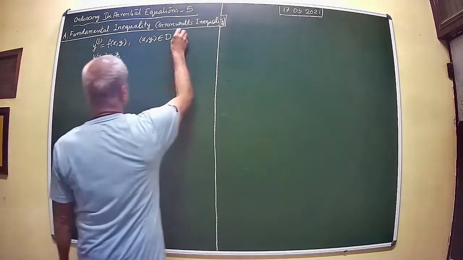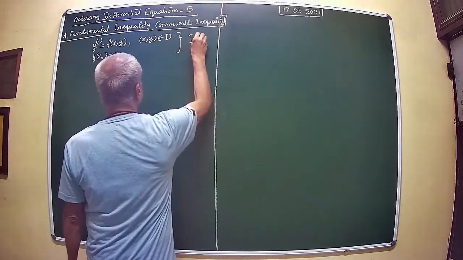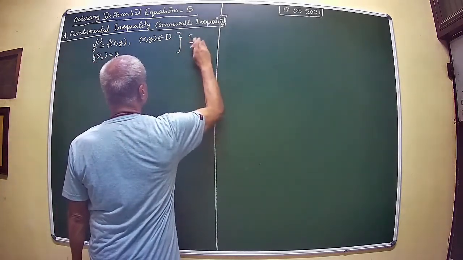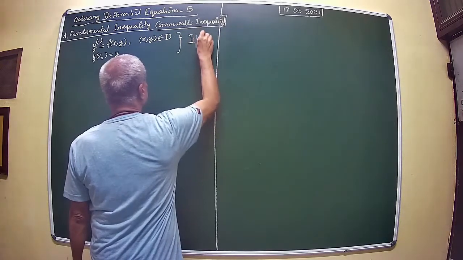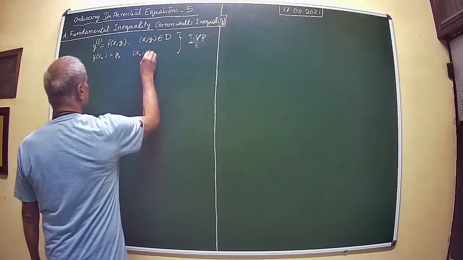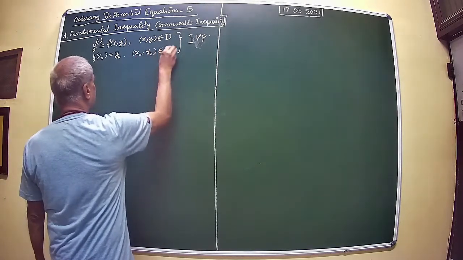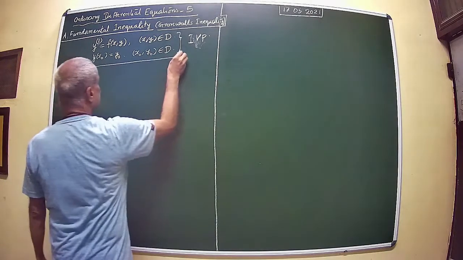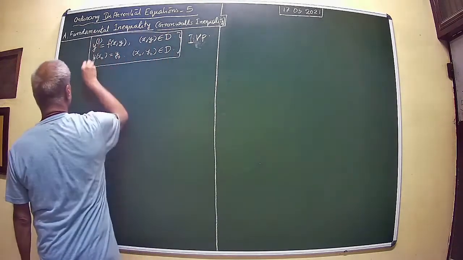So this is the initial value problem. And of course here x naught, y naught belongs to D. So this is the problem that we will be working on.